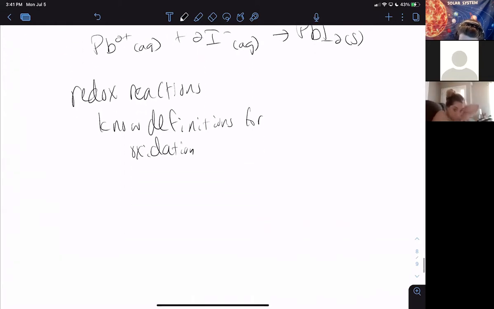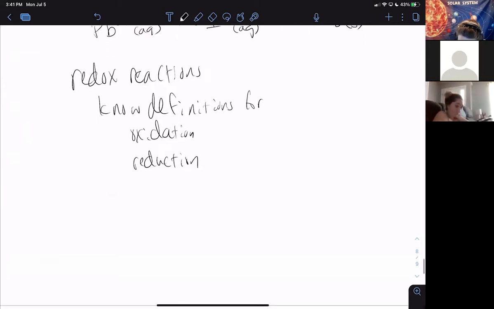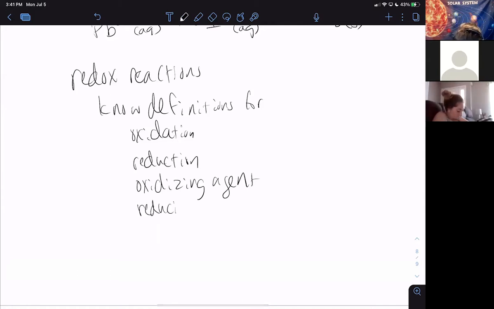Loss of electrons, reduction, gain of electrons, oxidizing agent, the species that contains the thing that's reduced, reducing agent, the species that contains the thing that's oxidized.